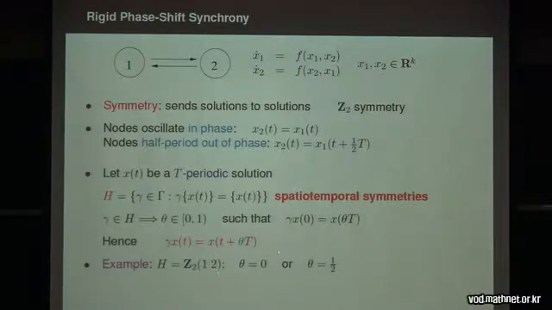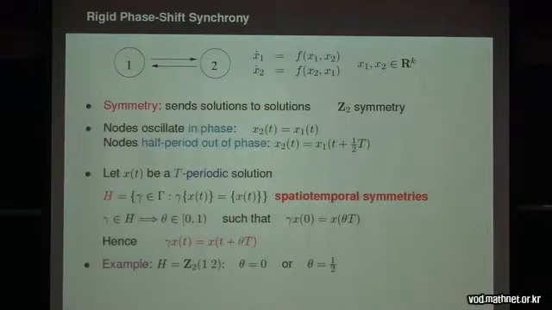If the symmetry is a transposition or an order 2 symmetry, then if I apply it twice, I get gamma squared x of t is gamma x of t plus theta T, which is x of t plus 2 theta T. But gamma squared is the identity, so I have x of t is x of t plus 2 theta T. So theta must be 0 or a half mod 1.